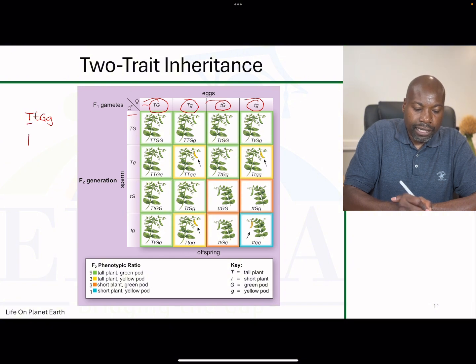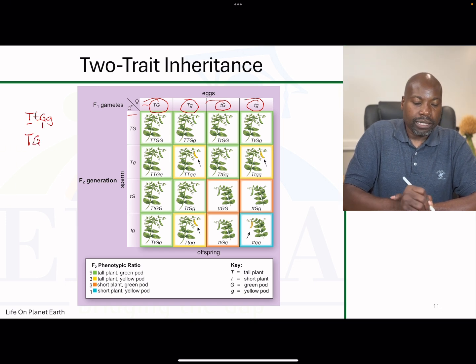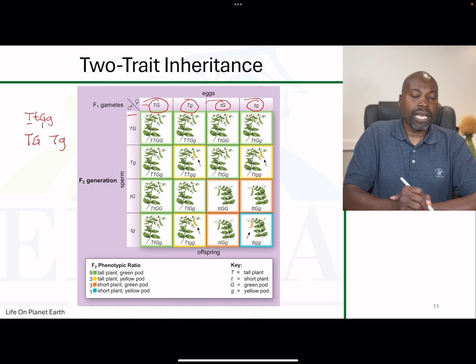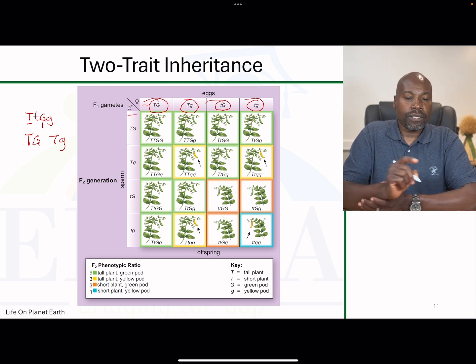This capital T can end up in the same cell as the capital G. So that's one possibility. The same capital T can end up in the same cell as lowercase g. Now, that's the first focus, capital T.